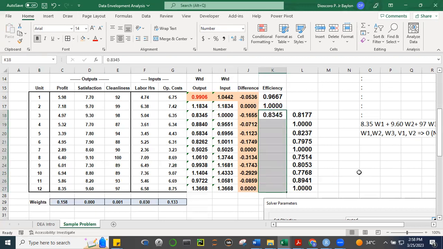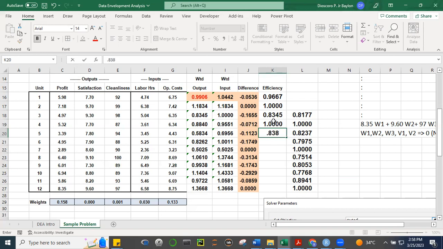So 0.8345 si unit number 3, no? Si unit number 4, a comment. Okay. So sige, thank you for this. Erwin, 96.67, 100%, 83.45. So this is 100%. 83.86. Paki-check nga class please kung pareho tayo ng sagot ni Erwin. 83.86 and then 82.53.